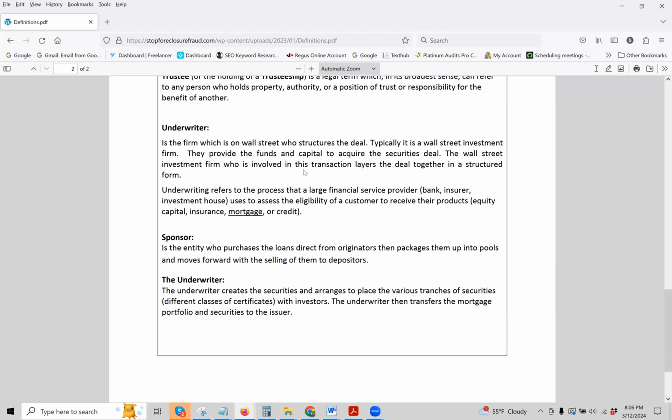I myself have actually studied underwriting as well. I do have a certification in underwriting. Basically, underwriting is looking at a loan application and checking the documentation, checking if it fits into the loan program that it's being applied for, or maybe they might change the loan program.